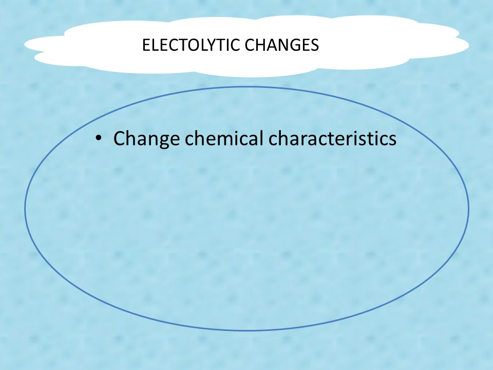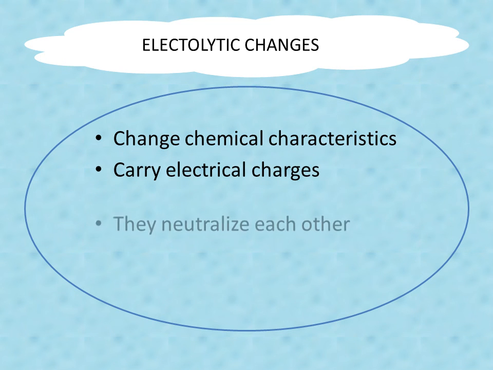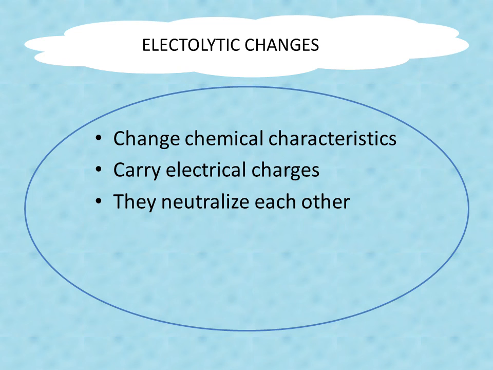So basically they're talking about the theory of ionization here. When the positively charged sand grains come in contact with the impurities, they neutralize each other, and when they neutralize each other, it changes the character of the water, making it purer.